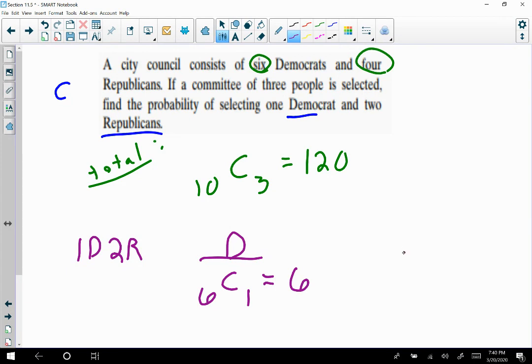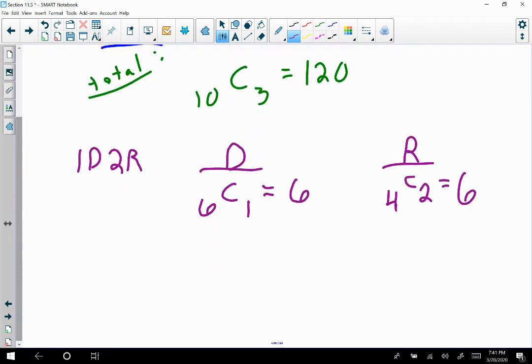Now, if we talk about the Republicans, how many Republicans are there? There are 4. We are choosing how many? 2. 4 choose 2 gives you an answer of 6. So if I want to know how many ways can I choose 1 Democrat and 2 Republicans, that is 6 times 6, which is 36.